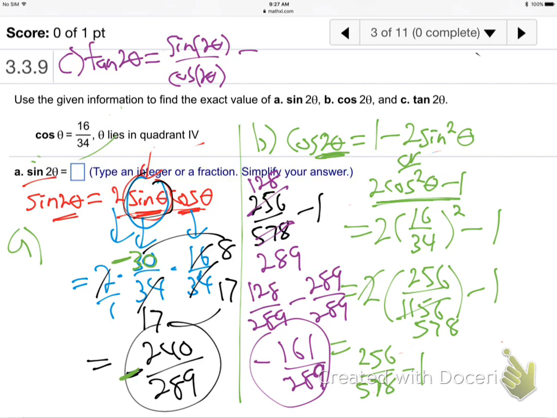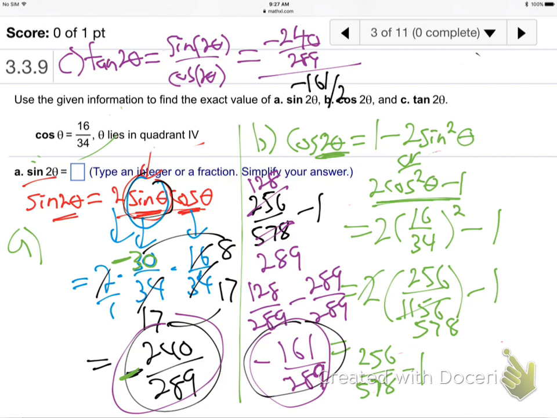So, what's sine of double angle? We found it right here. Minus 240 over 289, over, and what's the cosine of double angle? This one. Minus 161 over 289. Right? And then you know what to do from there. When you have a fraction on the bottom, you flip it up.